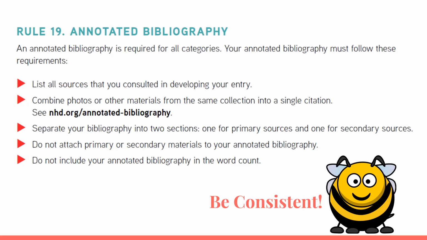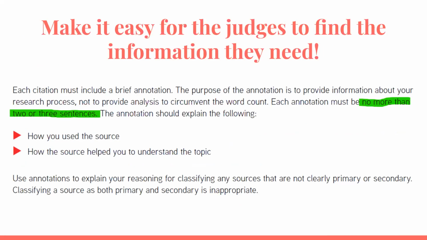And as we said with other stuff, be consistent when you're working with your annotated bibliography. So you want to make it easy for the judges to find the information they need. The annotations allow you to give a little bit of additional information to the judges so they understand that source.